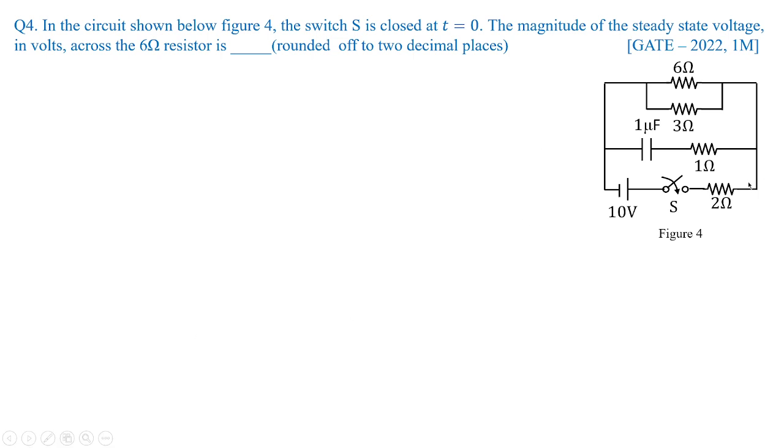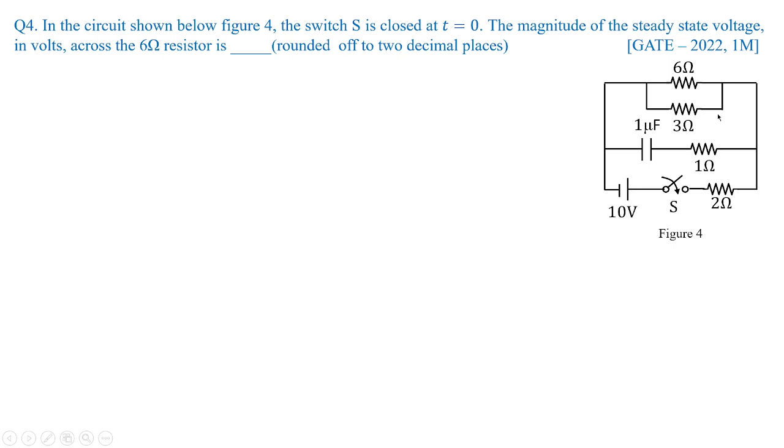Let us go with the next problem shown in figure 4, which was asked in GATE 2022 for 1 mark. In the circuit shown below, the switch S is closed at t equal to 0. Find the magnitude of steady state voltage in volts across the 6 ohm resistor, rounded off to 2 decimal places. Initially the switch was open, right?